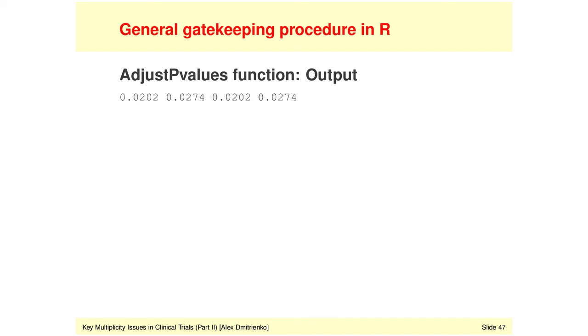This is obviously a very good sign. This could be used for validation purposes. Once again, we come to the same set of conclusions that 2 hypotheses in this multiplicity problem would be rejected by the Hogberg-based gatekeeping procedure, and the other 2 hypotheses will not be rejected.